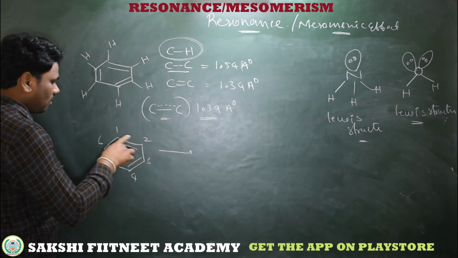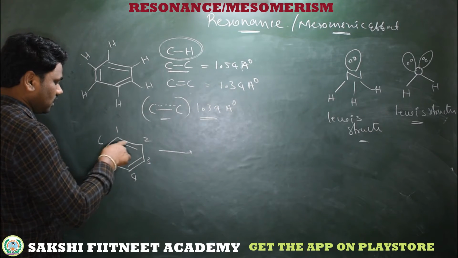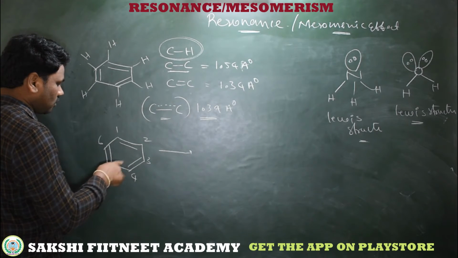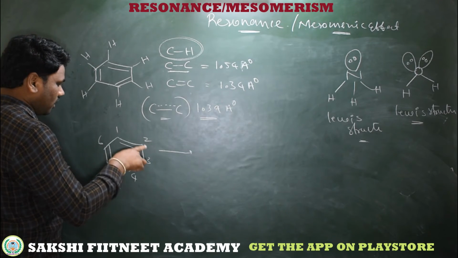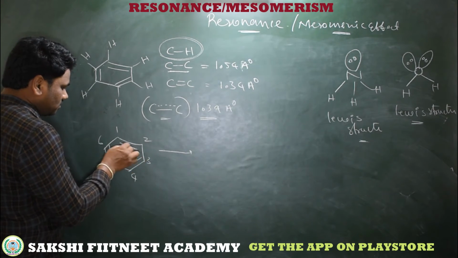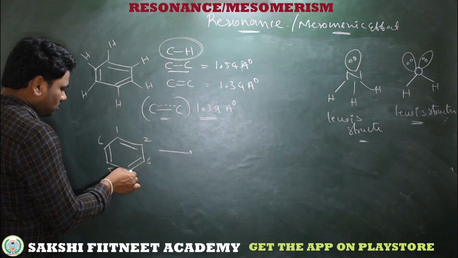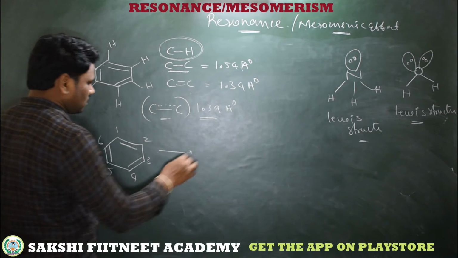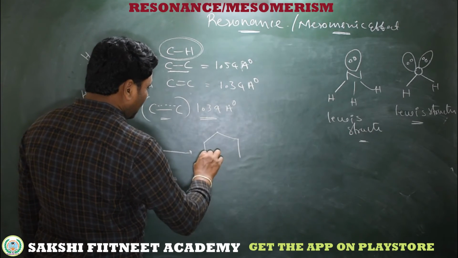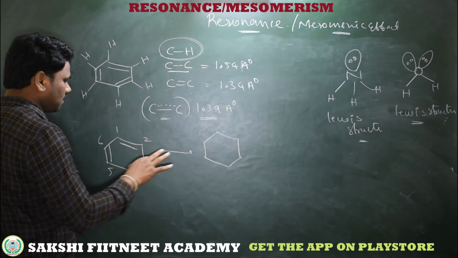Actually this compound shows delocalization of these pi electrons without changing bonded atoms. See here, this bond shifts to second to third, this bond shifts to fourth to fifth, this bond shifts to sixth to first. Like this we get another compound, that means another Lewis structure of the same compound.